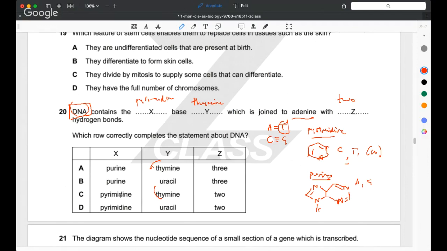So the only one that fits then is you've got T, thymine, that bonds with A, adenine, with 2 hydrogen bonds, and the thymine is based on this smaller ring system, pyrimidine. Okay, so it's not sufficient to know the 4 bases in DNA or the 4 bases in RNA, or even to know the bonding between them, 2 bonds or 3 bonds. You've also got to know the basis of these bases, either pyrimidine or purine.